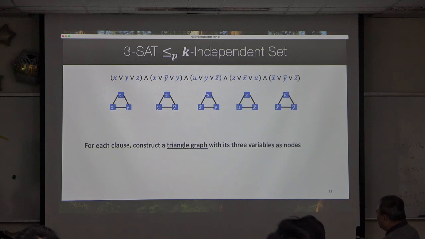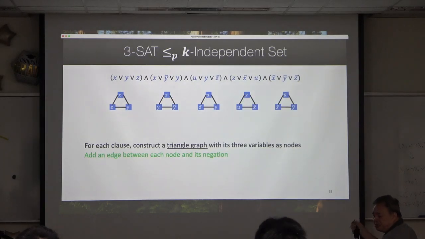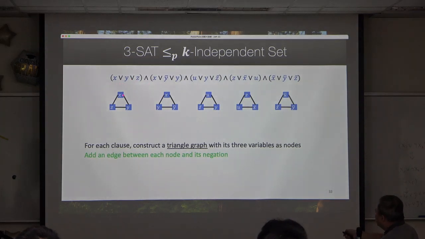Then we add an edge between each node and its negation. This is exactly the opposite of what we did previously. For example, for X we have not X, so we need to add a link here, and so on.